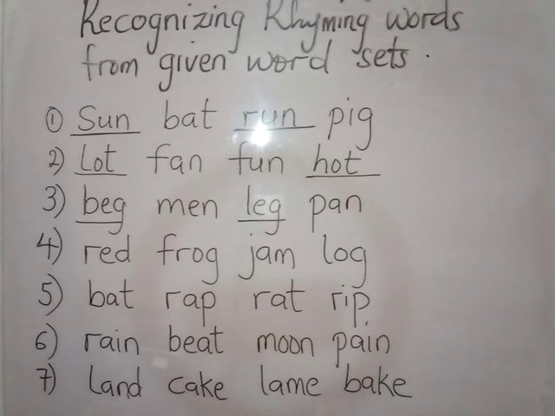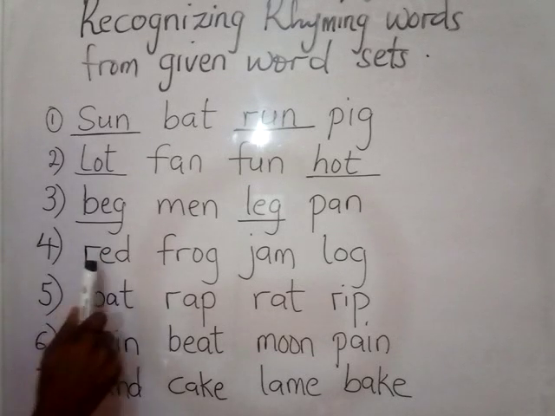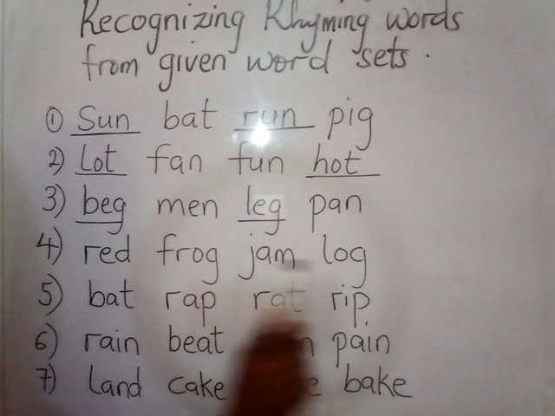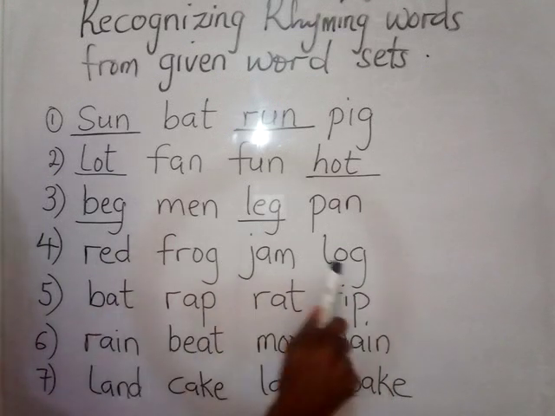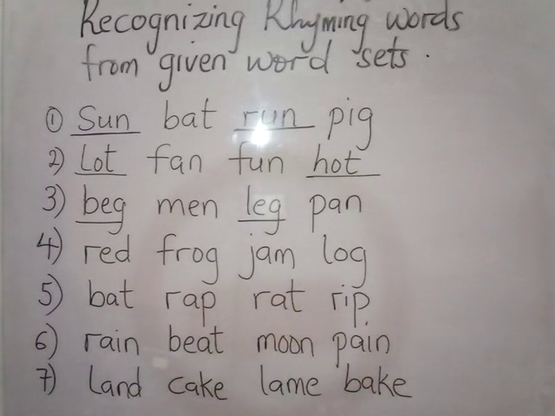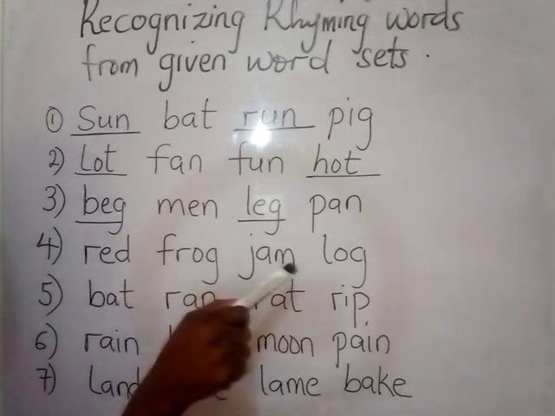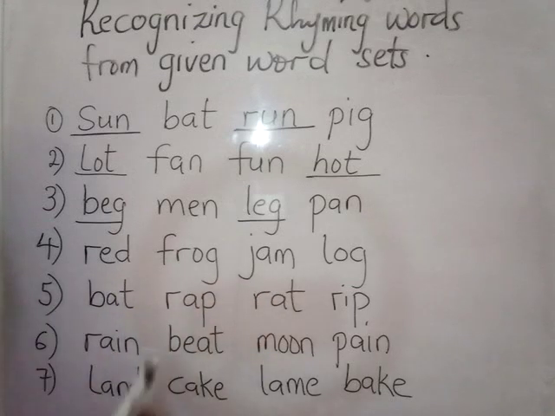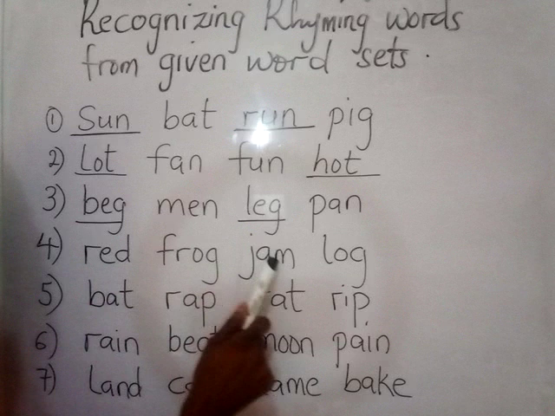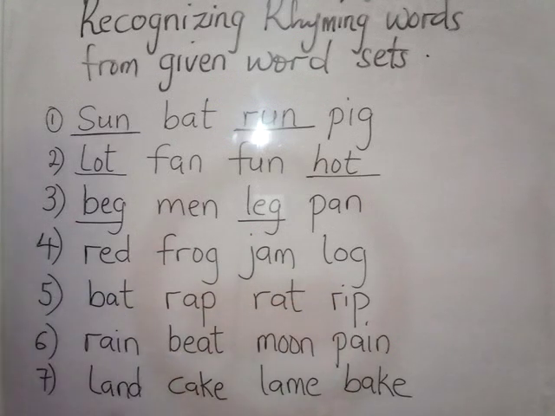Do they sound alike? No. Red, log, ed, og. Do they sound alike? No. So our search continues. In this case, we don't have any rhyming words at the beginning. Because we have tried red with all the other 3 words, none rhymes with red.